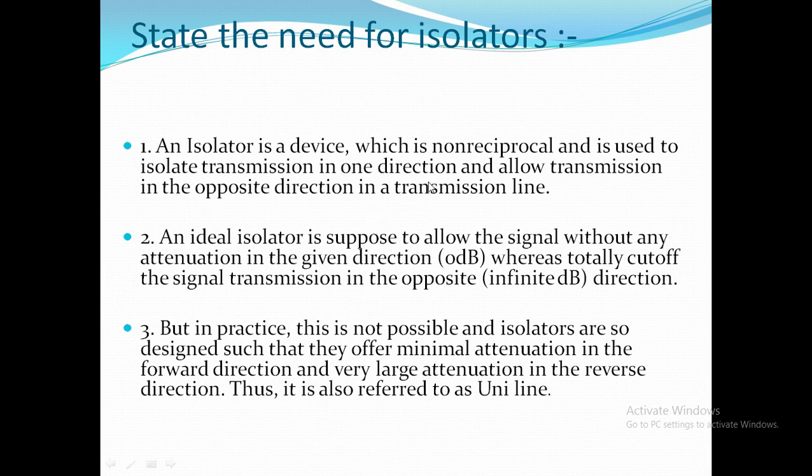In practice this is not possible, so isolators are designed such that they offer minimal attenuation in the forward direction and very large attenuation in the reverse direction. Only one direction it allows.